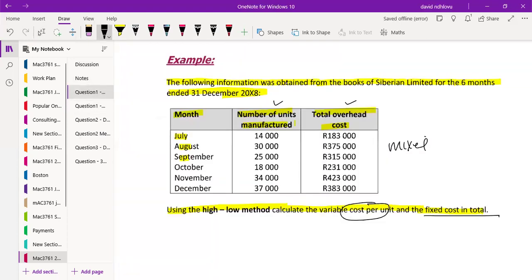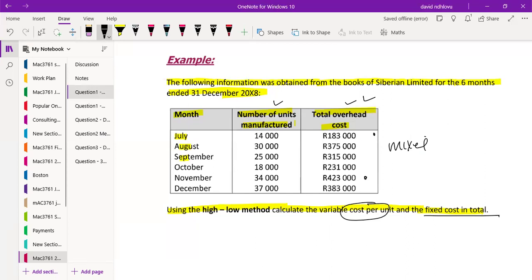So we need to go back and say, in terms of the costs, which is the highest cost that we have? We can see here there is 423, which is the highest cost. And then we go to the lowest cost, which here will be 183.